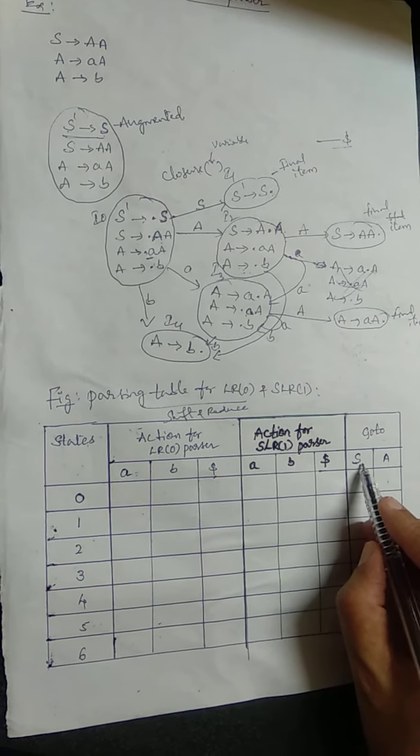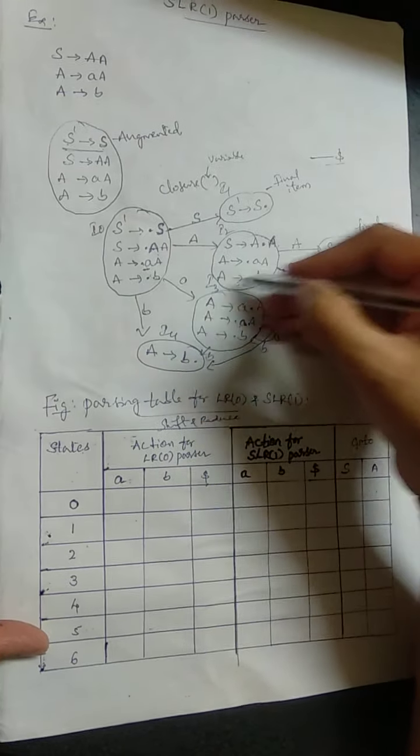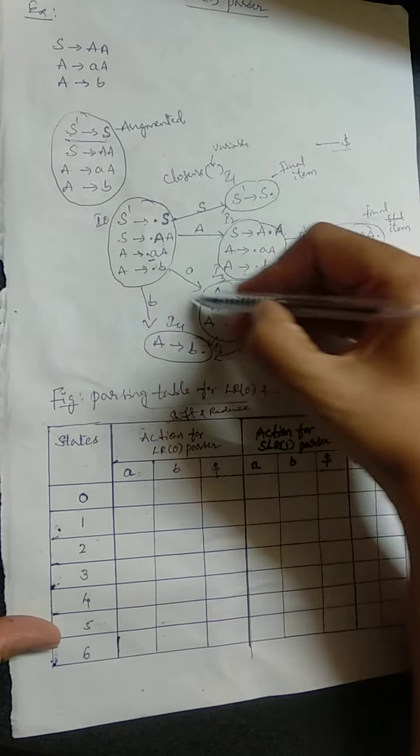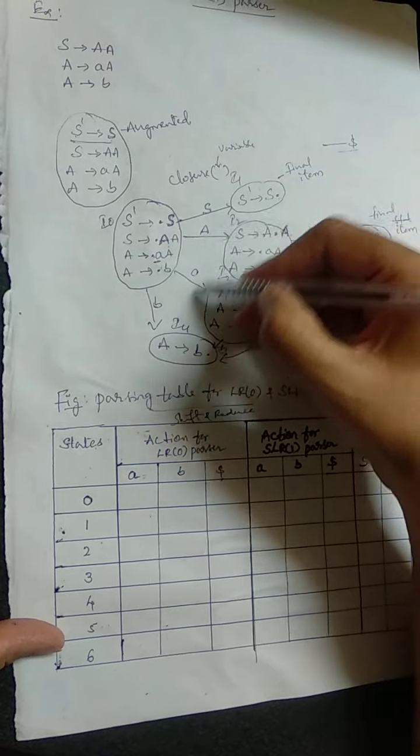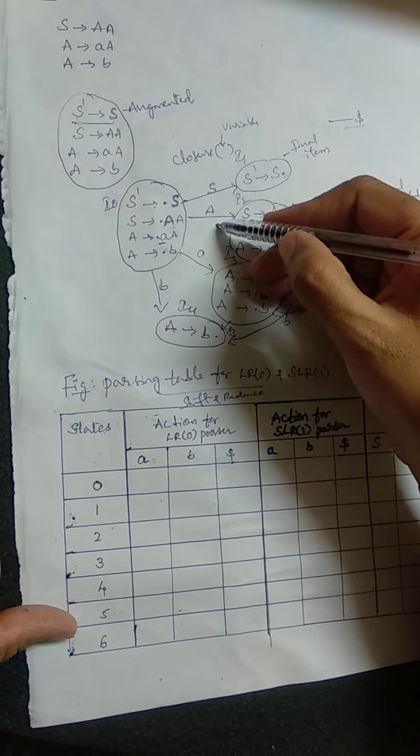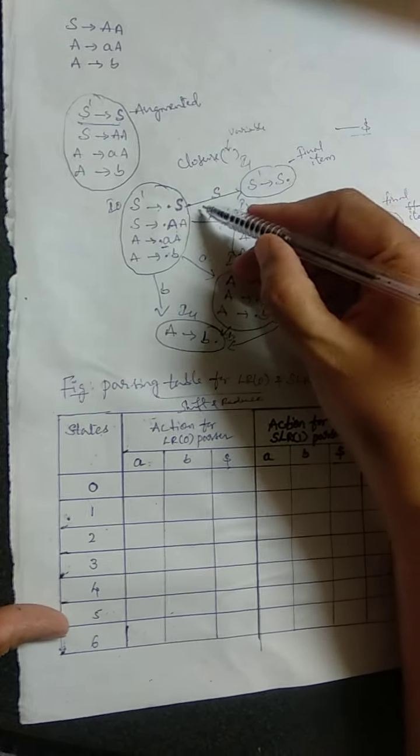Why do we have to consider variables? Because in the transition diagram, the transition takes place on both variables as well as terminals.